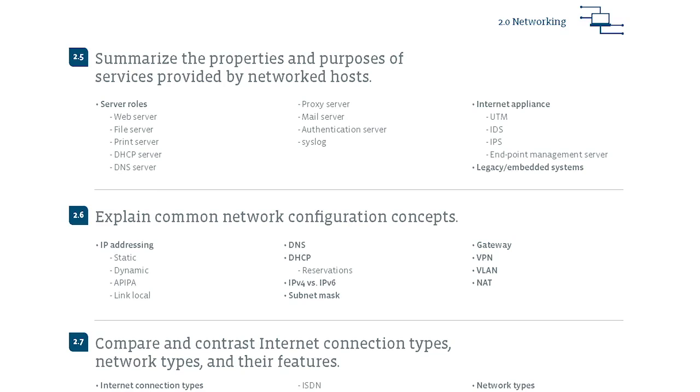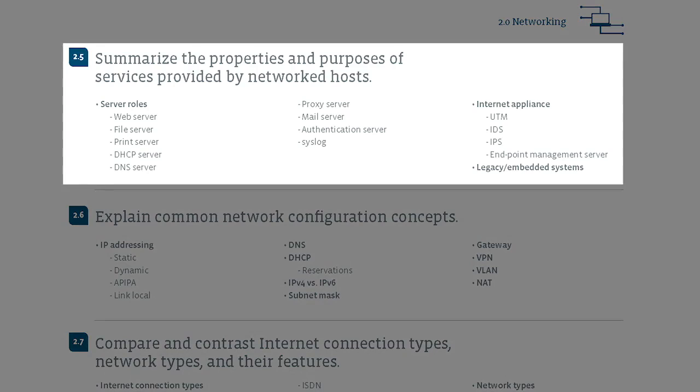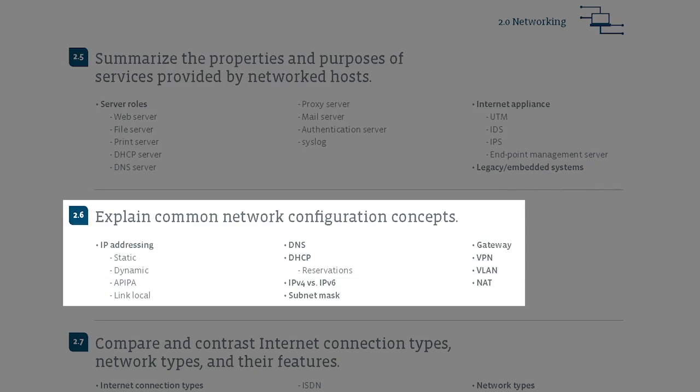Now there's one more type of objective. I want to find one here for you. So we can actually see 2 of these that are pretty similar. Summarize the properties and purposes of services provided by network hosts. So a web server, a file server, a DHCP server, a DNS server, and then explain common networking configuration concepts like DNS or DHCP.